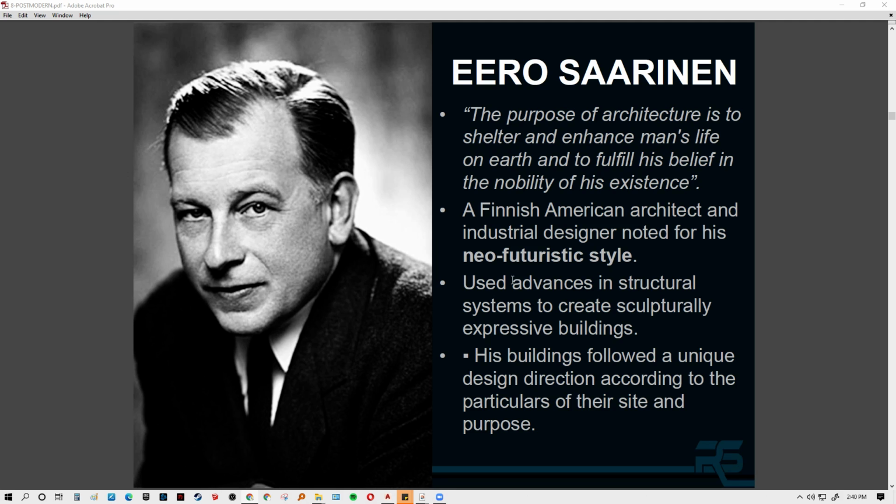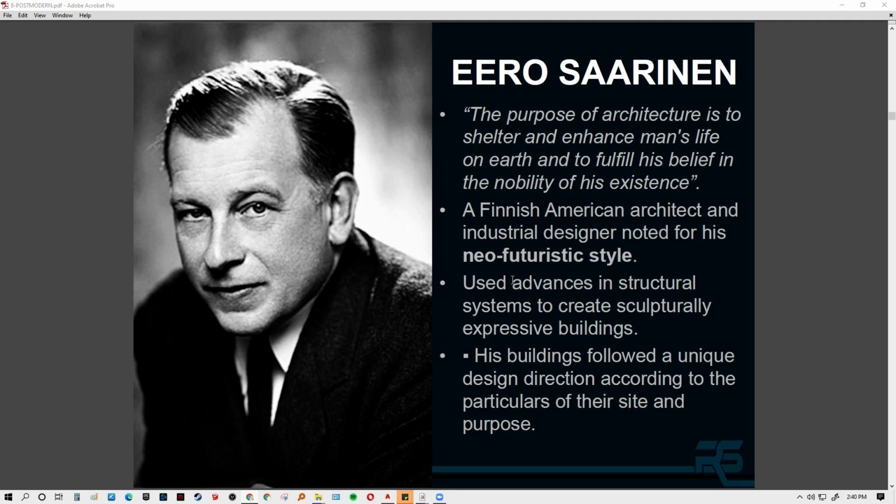So he's a Finnish American architect, an industrial designer also, and he's noted for the neo-futuristic style that he adapted with his designs. So since he's an industrial designer, we all know that during these times, a lot of production of steel, glass, and other framings are introduced.